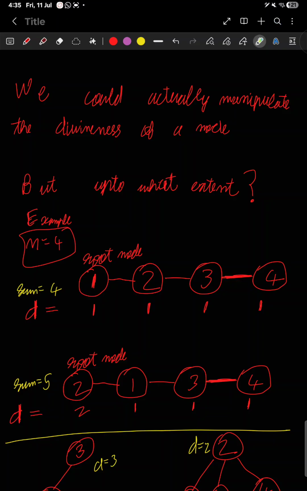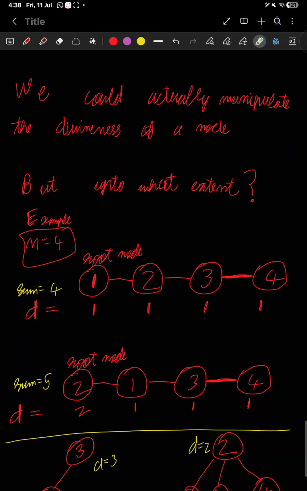So now we know that if we have 4 nodes, the value of the first node could be 1, the value of the second node could be anywhere between 1 to 2, the value of the third node could be anywhere between 1 to 3, and the fourth node could be anywhere between 1 to 4. So we know it for a fact.